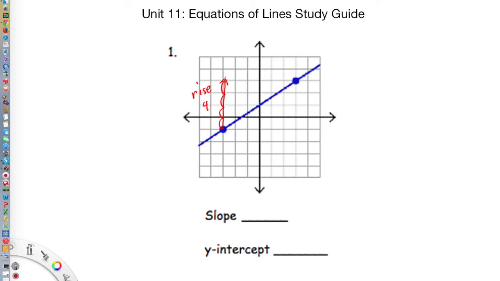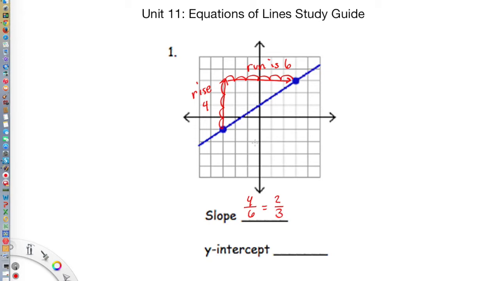And then my run is 1, 2, 3, 4, 5, 6. My run is 6. Therefore, my slope is 4 over 6, which reduces to 2 over 3 units.